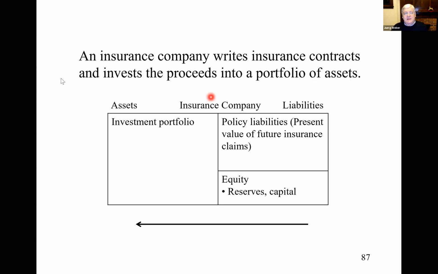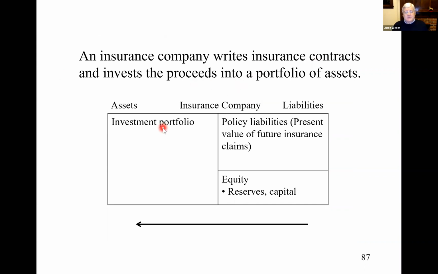Now let's compare this with the balance sheet of an insurance company. It's actually quite similar. An insurance company writes insurance contracts, and the insurance buyers pay money, and the insurance company then takes that money and invests it in an investment portfolio.